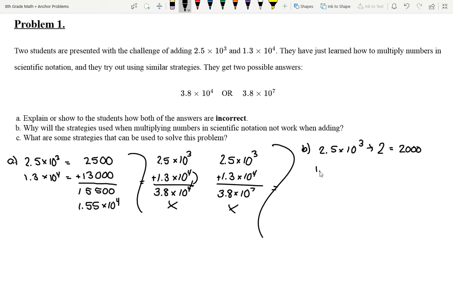Versus this 1.3 times 10 to the fourth, that 1, that's not equal to 1,000, that's equal to 10,000. And so using these strategies of just straight up, okay, let's do something with the exponents, let's do something with the decimal portion. No, you can't do that when you have different exponents. And again, the key is with different exponents.